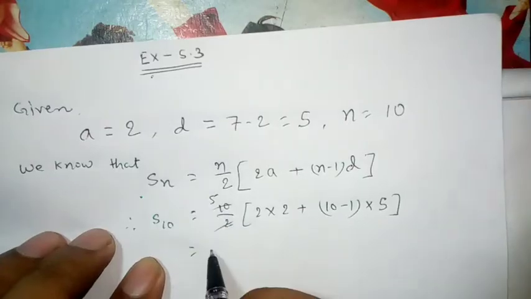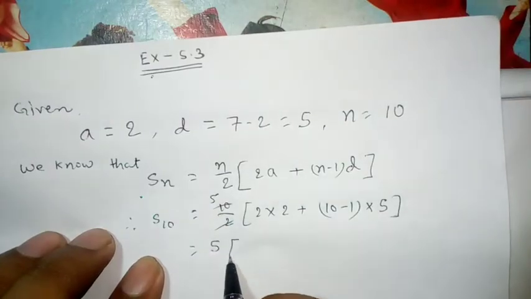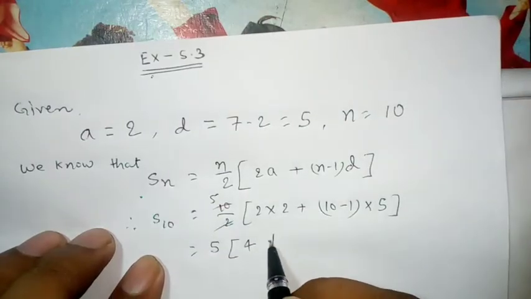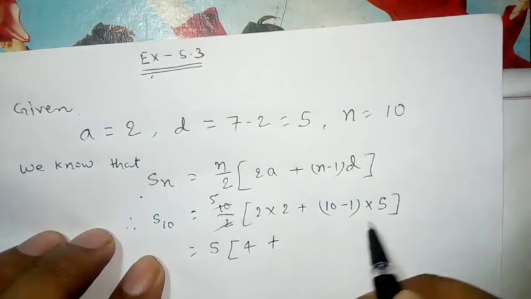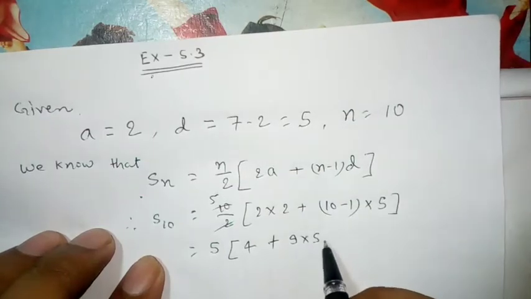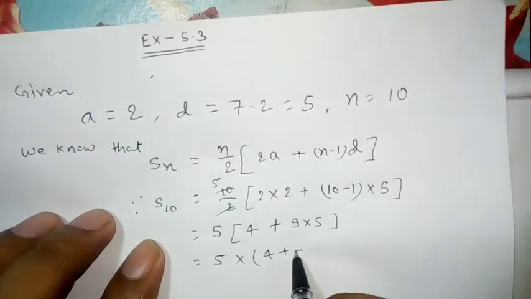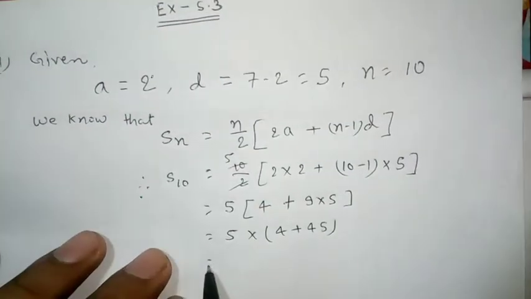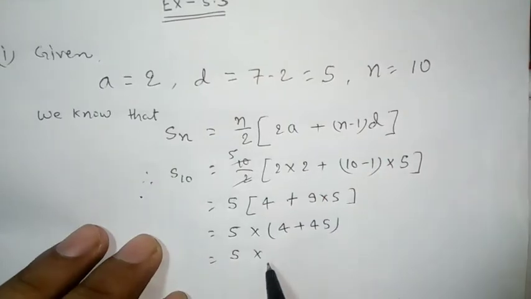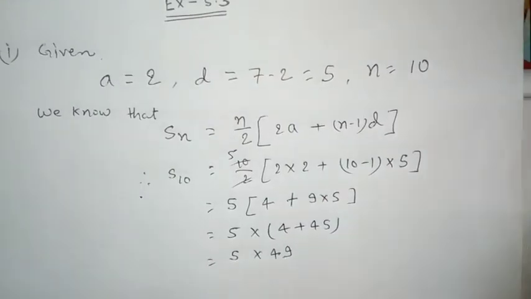5 into 4 plus 9 into 5, which is 5 into 4 plus 45, is equal to 5 into 49.